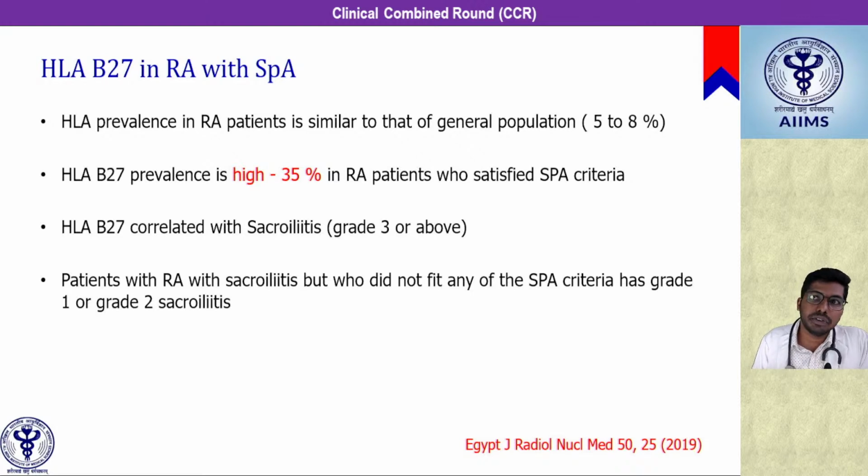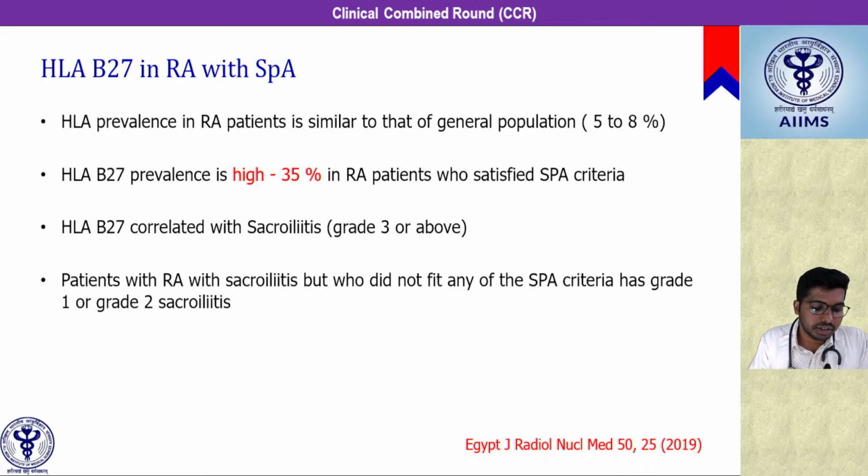So with higher prevalence of HLA-B27 in RA patients, they tend to exhibit sacroiliitis, usually grade 3 or 4. And if they didn't satisfy any of the criteria for SPA but still were HLA-B27 positive, then the sacroiliitis was either grade 1 or 2, but they were not satisfying the other SPA criteria.